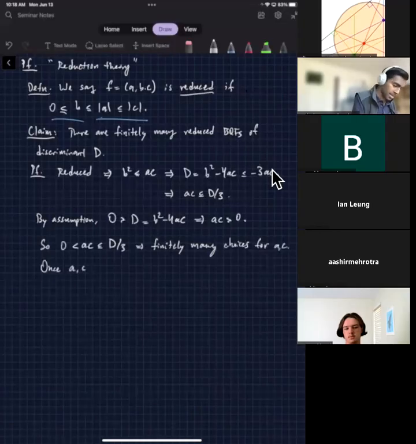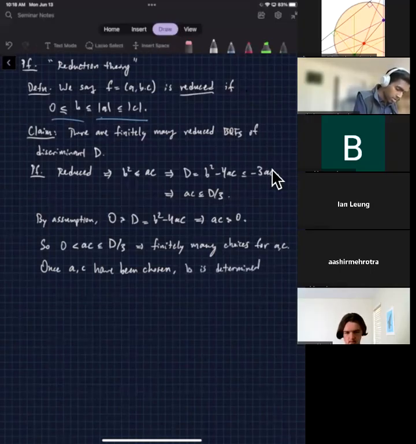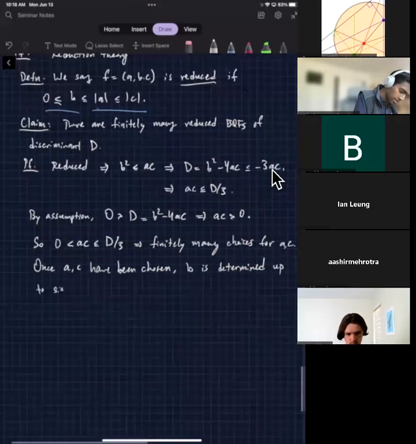Now, once A and C have been chosen, B is determined up to sign by the equation D equals B squared minus 4AC, because remember, D is fixed.